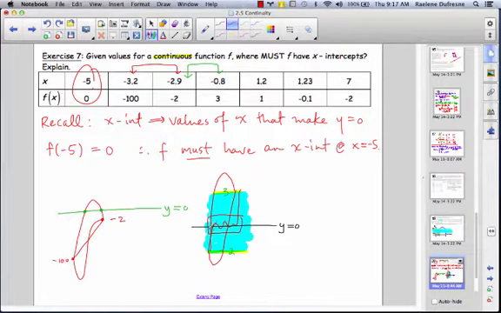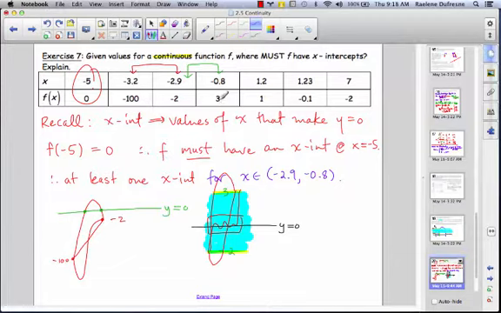But we know that there is at least one x-intercept between negative 2.9 and negative 0.8. So therefore, at least one x-intercept between or on the interval for x contained from negative 2.9 to negative 0.8.